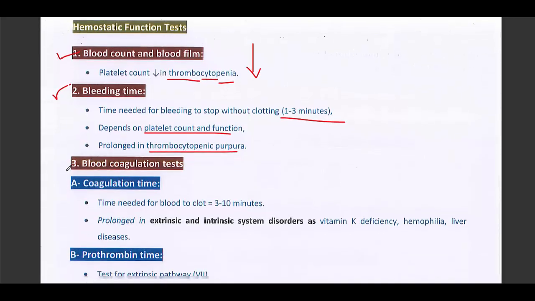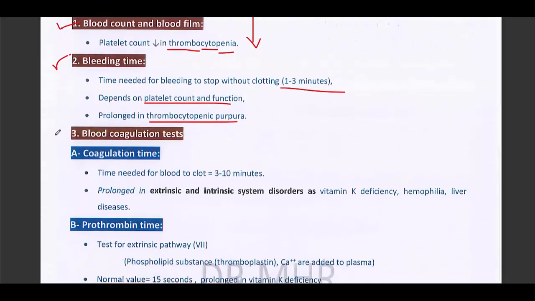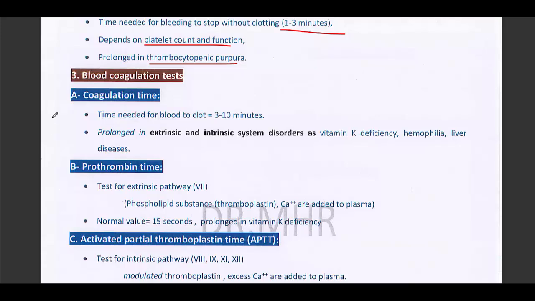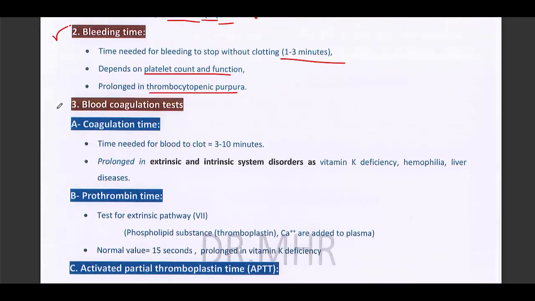So let's move to the third test, blood coagulation tests. There are many tests, like coagulation time, which is the time needed for blood to clot. It takes from 3 minutes to 10 minutes.